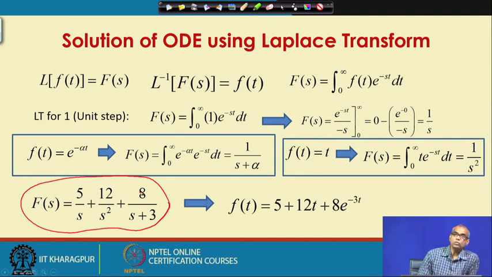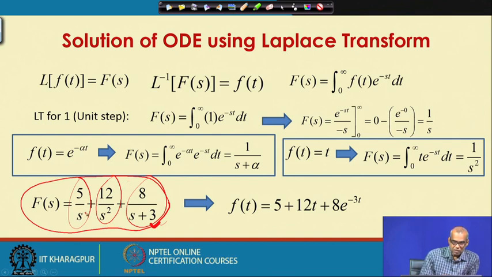I want to know what f(t) is from this Laplace transformed quantity. So, what I have to do is take the inverse of each term, take inverse of this, this, and this, and add up.